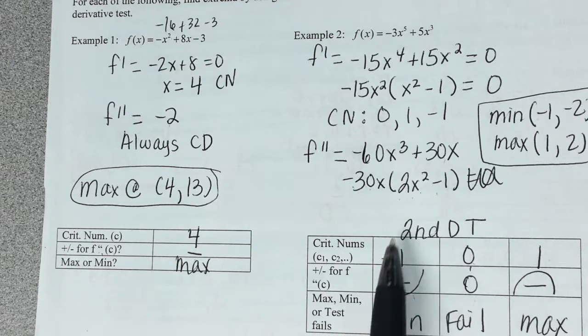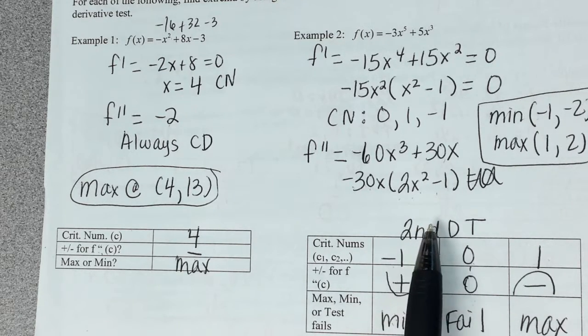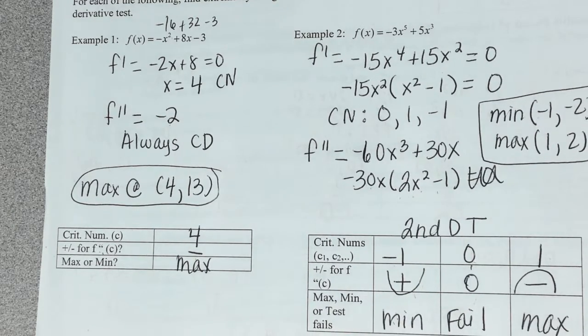With the second derivative test, though, we just plug these critical numbers right into that second derivative, and that's going to tell us whether we have a max or a min. So without looking, if the second derivative is positive, what do we have at the critical number? Minimum. Okay, very good. So you guys have some problems to do up there.